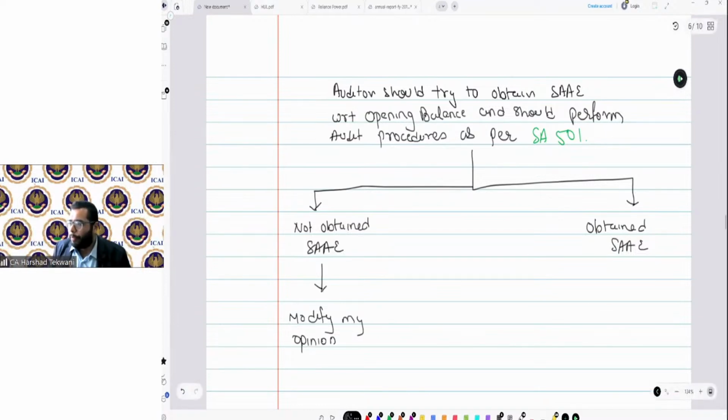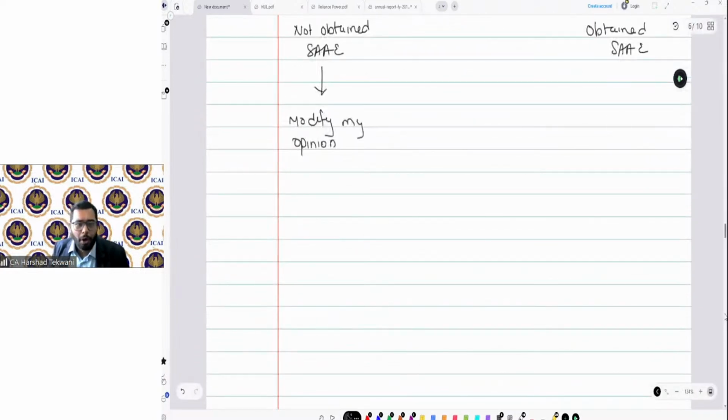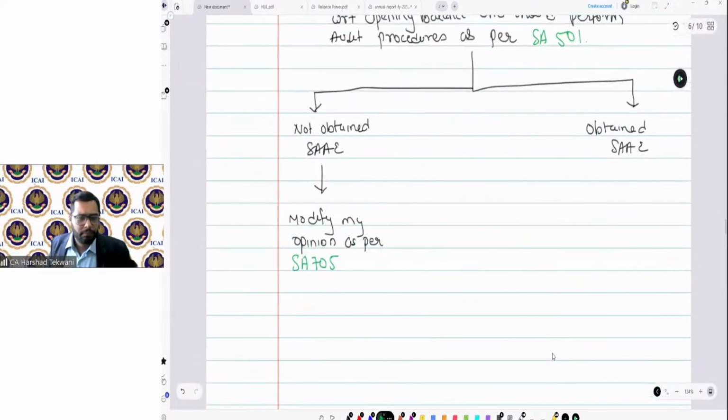And the modification will depend upon the materiality and pervasiveness of the effects or possible effects of not getting sufficient and appropriate audit evidence about opening balances. But I will modify my opinion as per SA 705. Okay, clear till now?